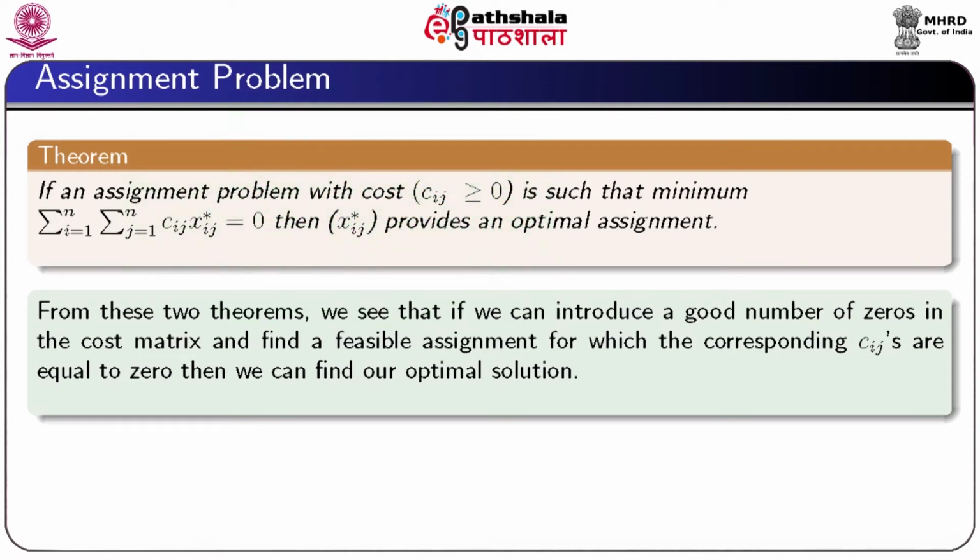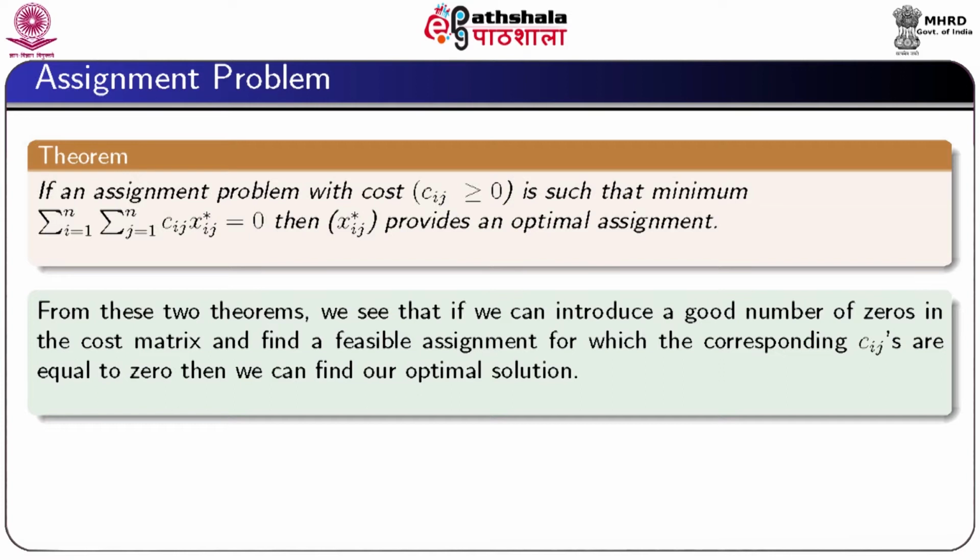Therefore, the minimum value of the objective function double summation Cij Xij star cannot be negative. That means it should be greater than or equal to 0, but since the minimum value is equal to 0, this means that Xij star gives the optimal solution.